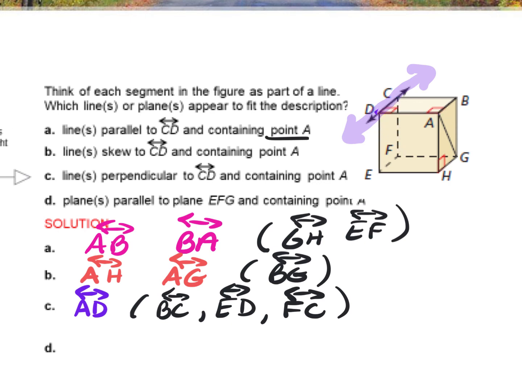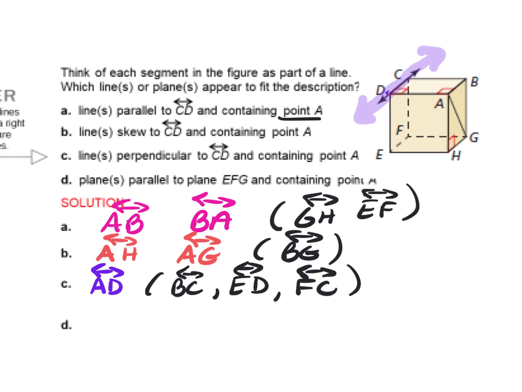And then the last question here, it wants a plane that is parallel to plane EFG. So let me highlight EFG. It's down here at the bottom. So the plane that would be parallel to it containing point A would be the top. So again, 3 letters.